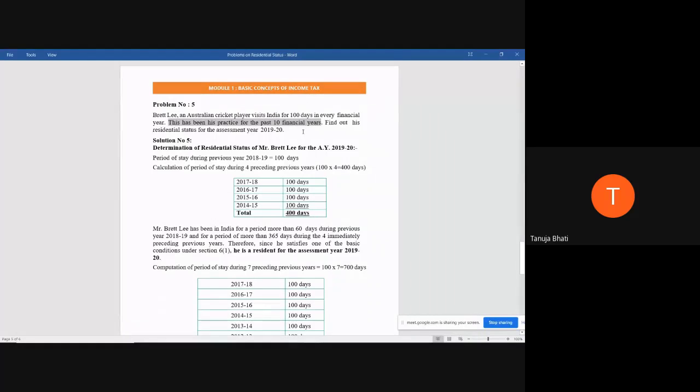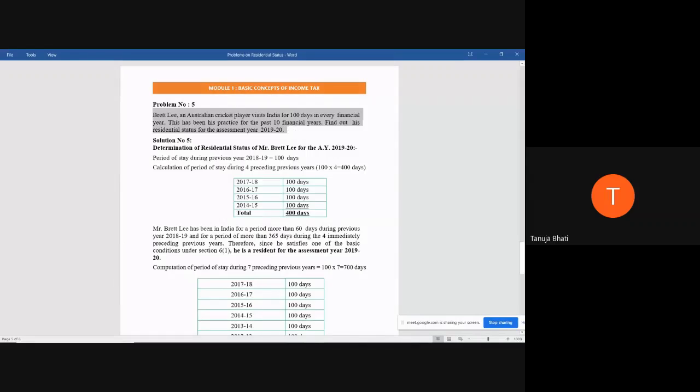Find out his residential status for the assessment year 1920. The problem is very simple: an Australian player has been coming to India for the past 10 years, but only staying in India for 100 days. What is his residential status?